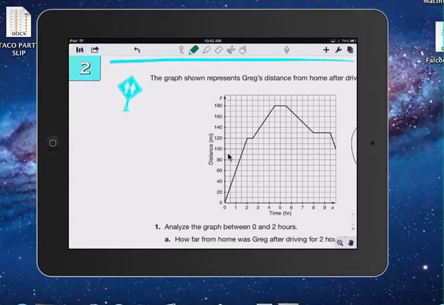Now, if it's going like this, it is going up. Right? If it is like this, this is them stopping. This is a stop. They went home, they stopped and watched TV. They drove somewhere.